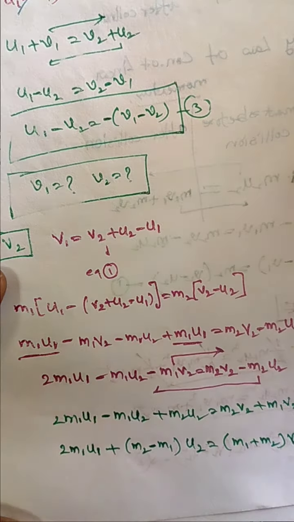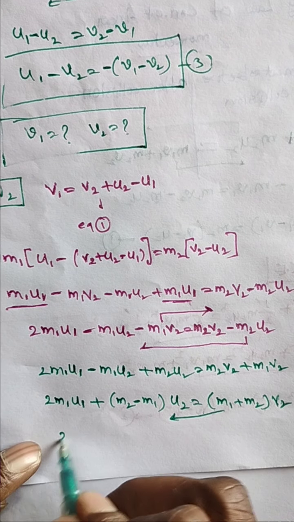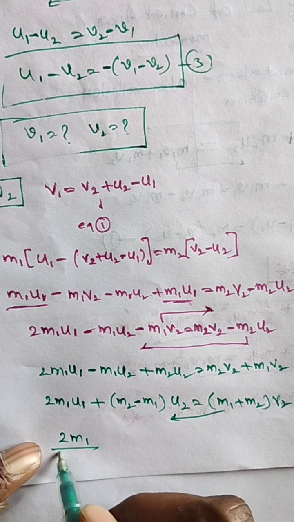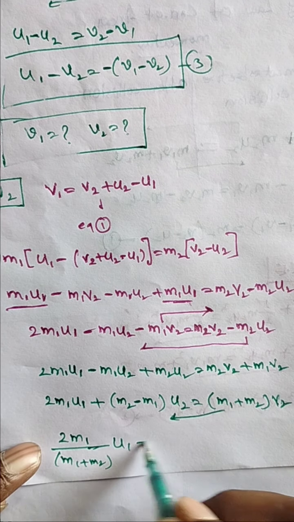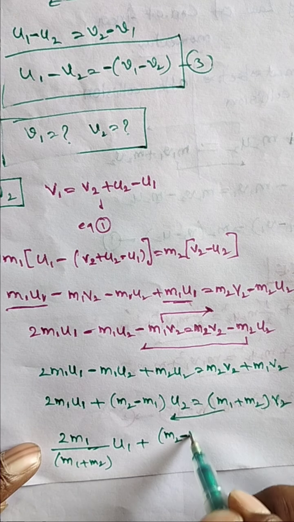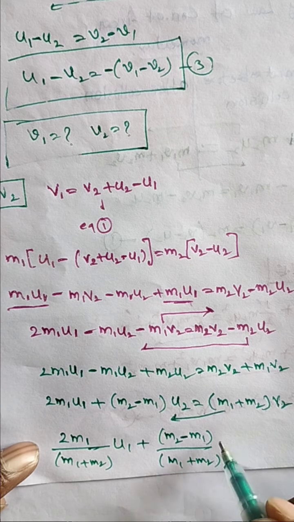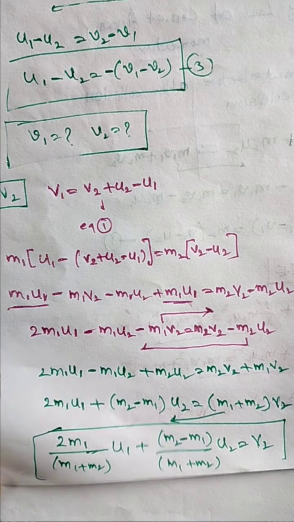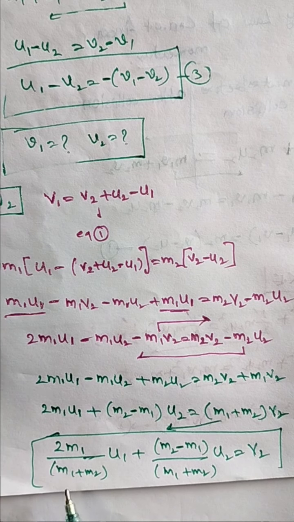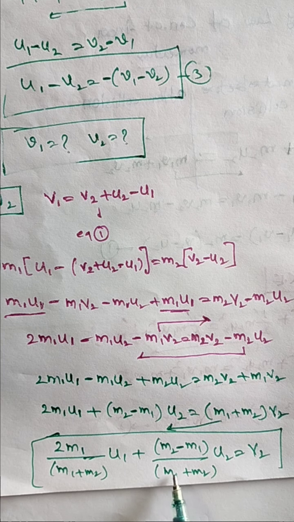So this m1 plus m2 is dividing, is coming to here. So what happened: 2m1 by (m1 plus m2) u1 plus (m2 minus m1) by (m1 plus m2) u2 is equal to v2. So this is our final equation.